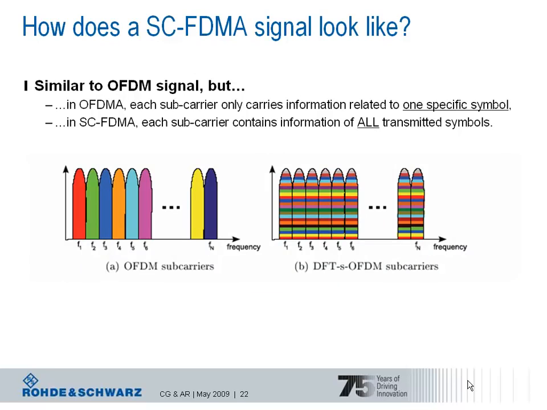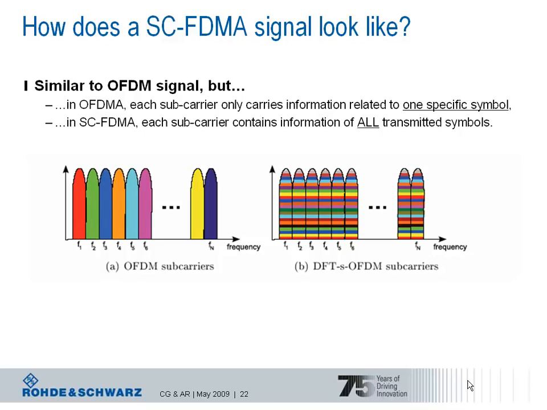When we compare classical OFDM used in the downlink and single carrier FDMA or DFT spread OFDM used for the uplink, then we can say that in OFDM each subcarrier carries only information related to one specific symbol. This is indicated by the color used for the subcarriers, as you can see on the left-hand side of the graph.